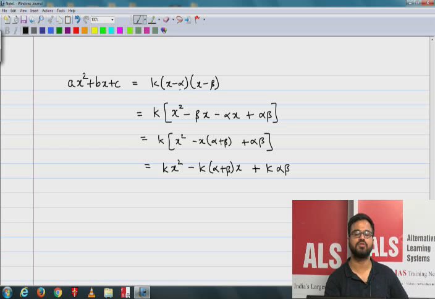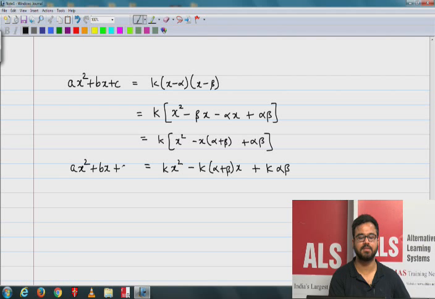I have multiplied these two factors, and on the left hand side it is ax square plus bx plus c. So I have just multiplied the right hand side and written it in that form, and the left hand side is as it is.